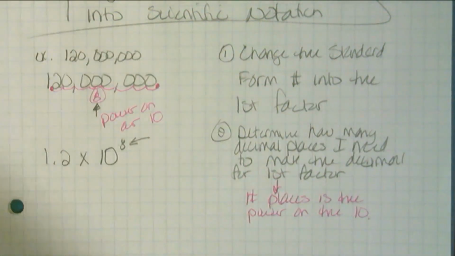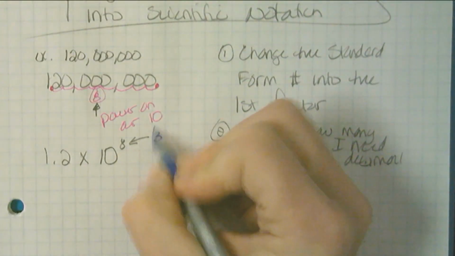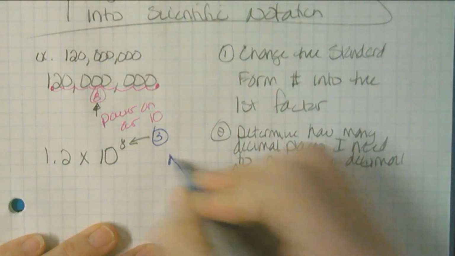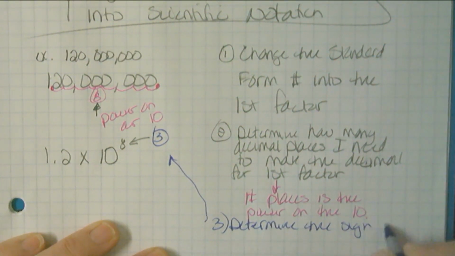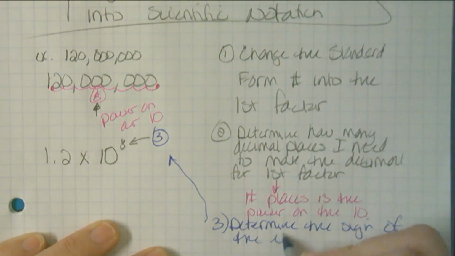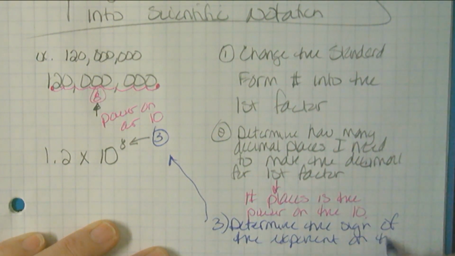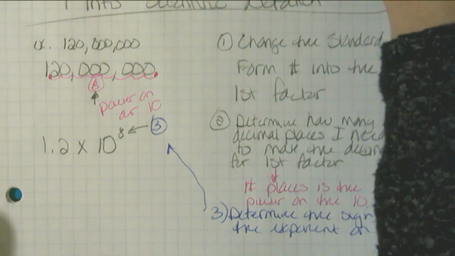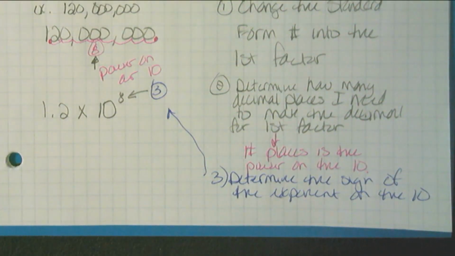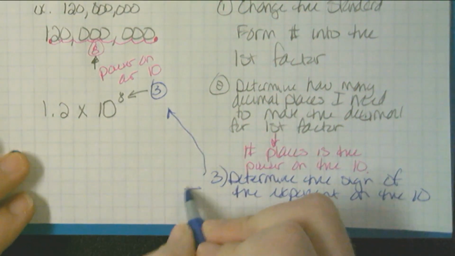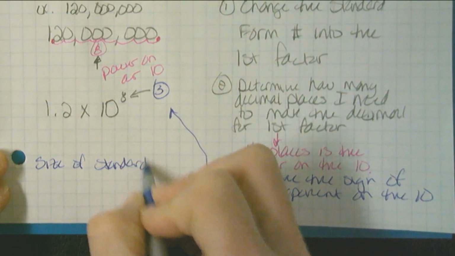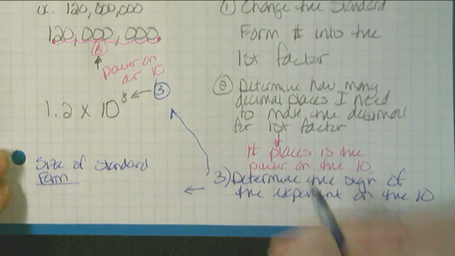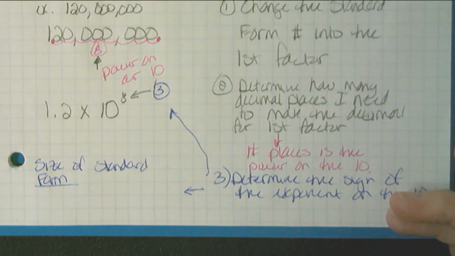But now with my step 3, I need to determine the sign of the exponent on the 10. This is when I go to the format that I talked about here. This is when we look at what size our standard form is. So size of standard form. Was our standard form really big or really small?